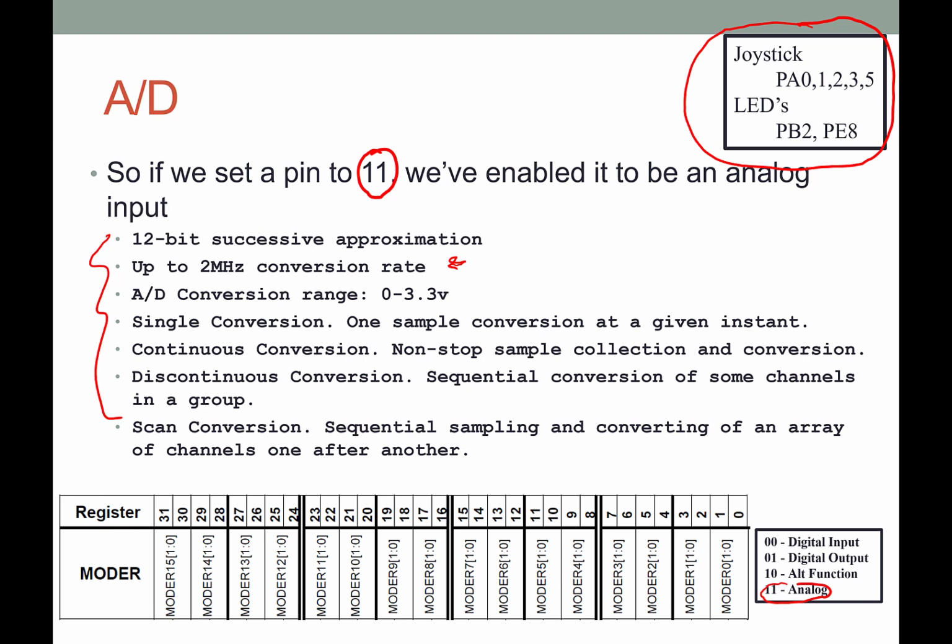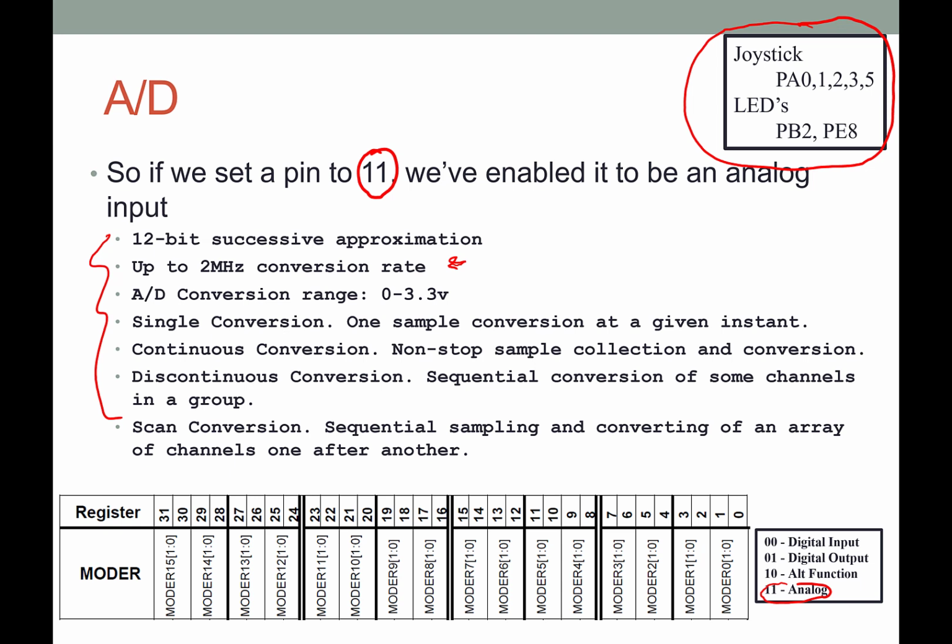We can also do discontinuous conversion, so we can do sequential conversion of some channels in a group. The book talks a lot about injected channels, which are like a group of channels that are together, but you can also create your own channel group in the regular channel setup. Scan conversion means you can have sequential sampling and converting of an array of channels one after the other.